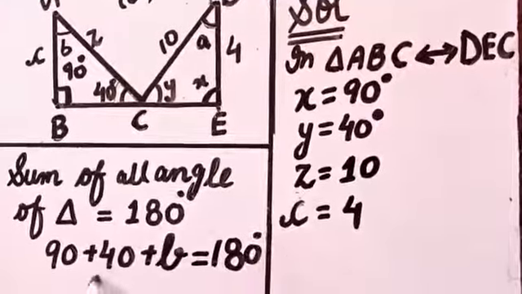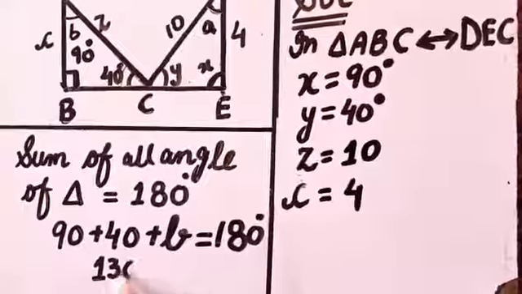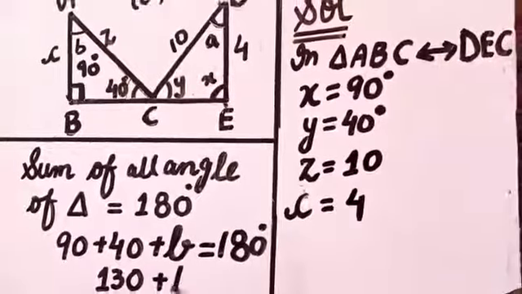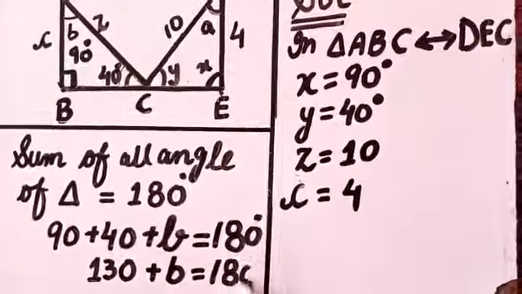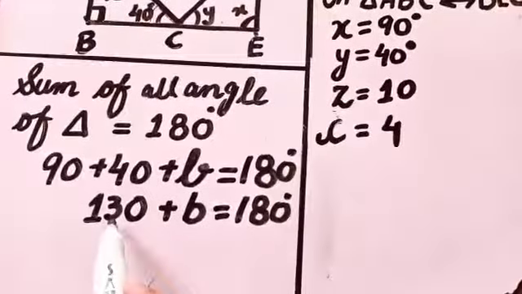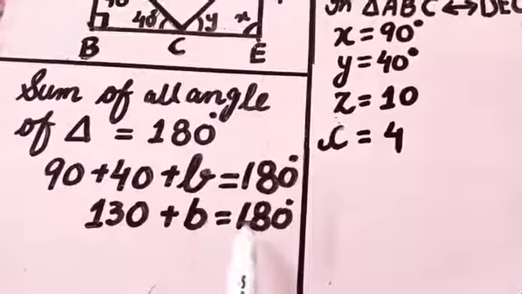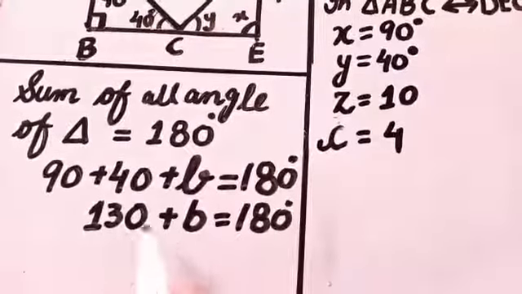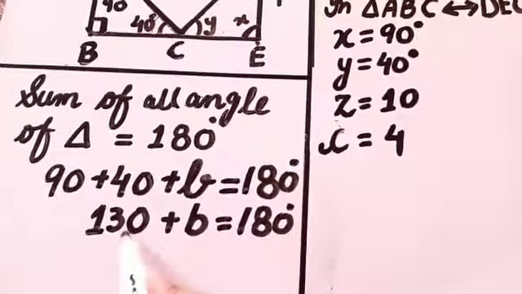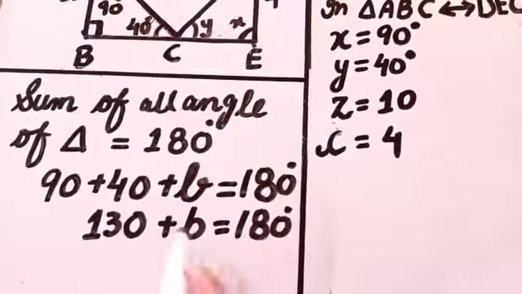90 plus 40 is 130. 130 plus b is equal to 180 degree. Basically, we have to find the value of b. 130 is being added here, so it will be subtracted on the other side of the equality.